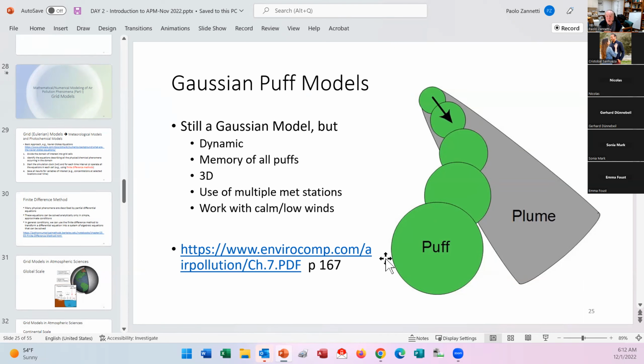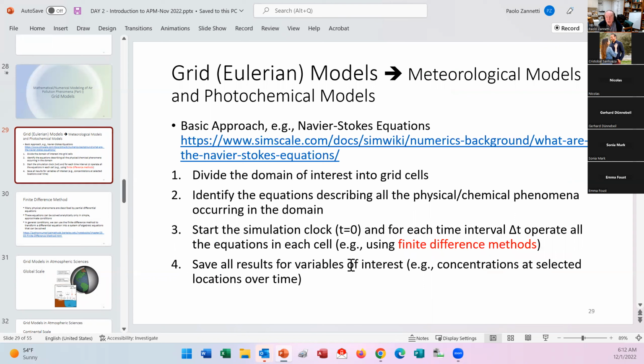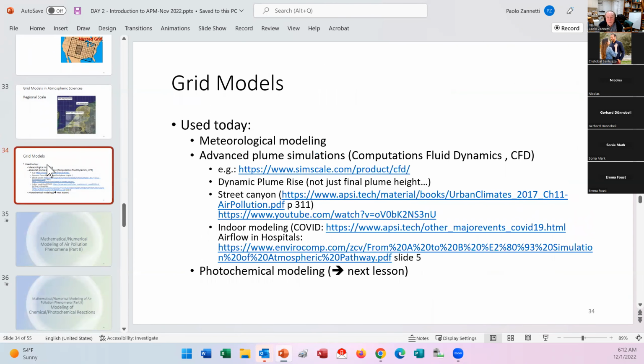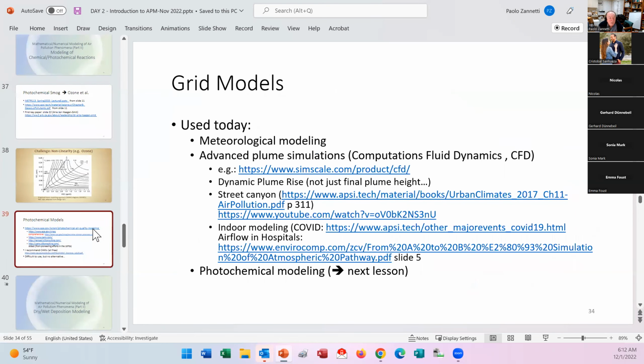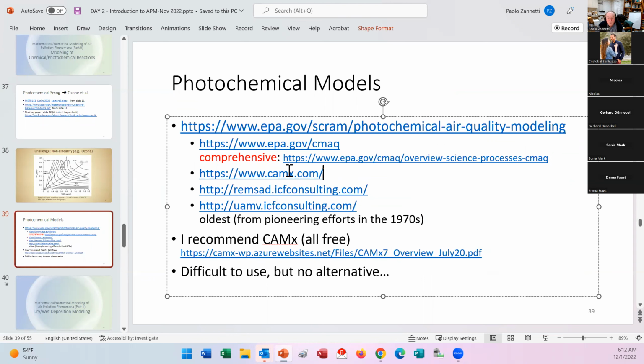If we have problems with chemistry and photochemistry, unfortunately, we have no choice. We have to go to grid models, which are much more time-consuming, much more complex. But again, if you want to do the chemistry and the photochemistry, you have no choice. And we talked yesterday about the grid model, and in particular, I mentioned CAMx, which I recommend as the most cost-effective choice if you want to simulate photochemical smog.